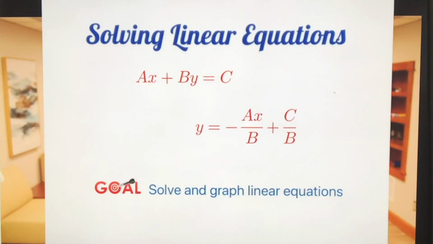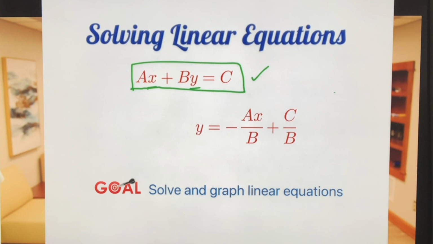Last week, we learned how to solve literal equations. A linear equation is an example of a literal equation that has 2 variables, x and y. The standard form of a linear equation is ax plus by equals c. If you remember, last time we solved this equation for y in terms of x, and we arrive at this equation, y is equal to -ax over b plus c over b.